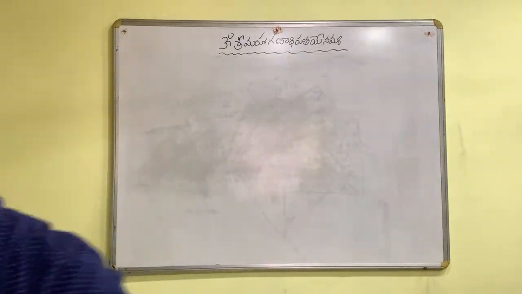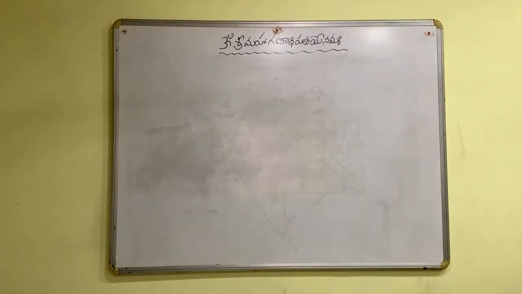Next question. If the bisectors of angle A, angle B of quadrilateral ABCD intersect each other at P, angle B, angle C intersect each other at Q, angle C, angle D at R, angle D, angle A at S, then PQRS is it a rectangle, parallelogram, rhombus, or quadrilateral whose opposite angles are supplementary?